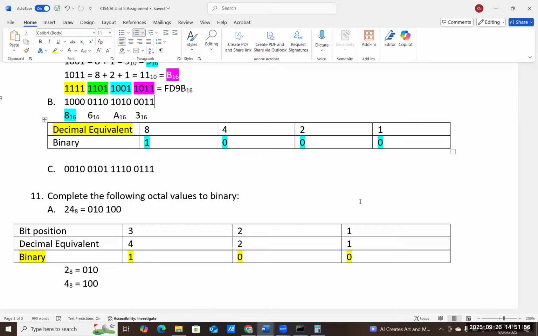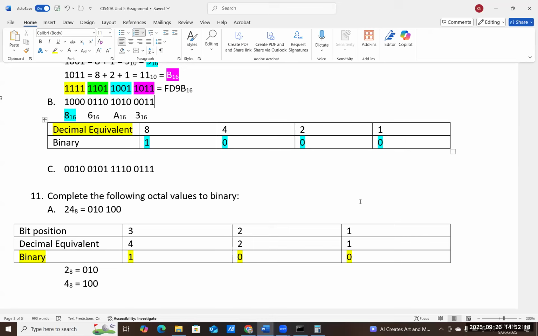Let's start with the 4 so you don't get confused. Based on the scale, which one can I subtract? I know that I can subtract the 4, put a 1 there, and the rest is a 0. So the 4 here is going to be 1, 0, 0.